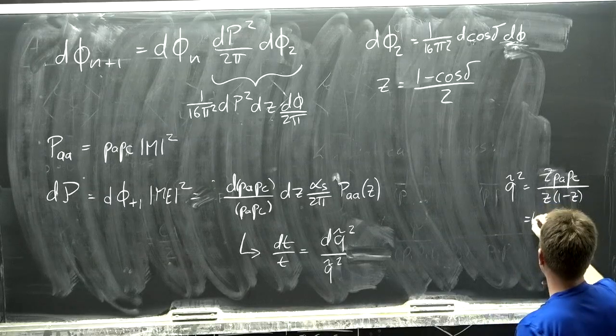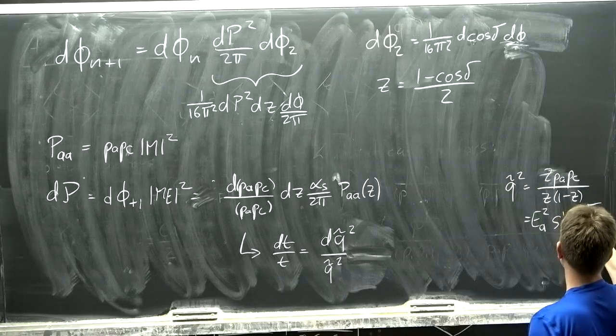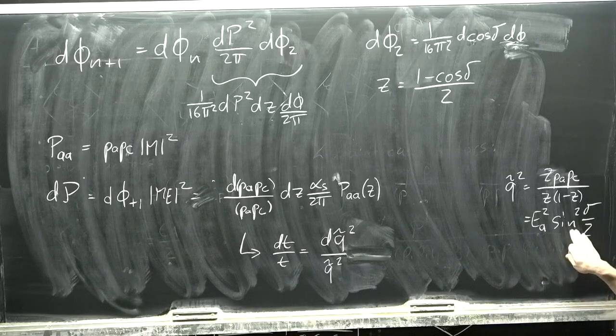But it actually behaves like an angle, okay? So assuming that the energy of the emitted gluon is small compared to the radiating particle, I will have essentially an angular evolution here.